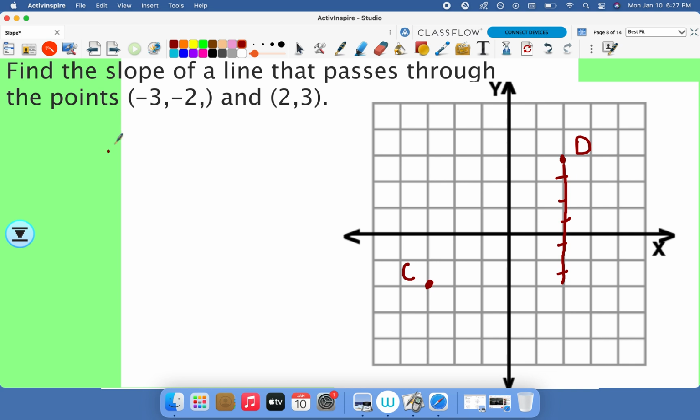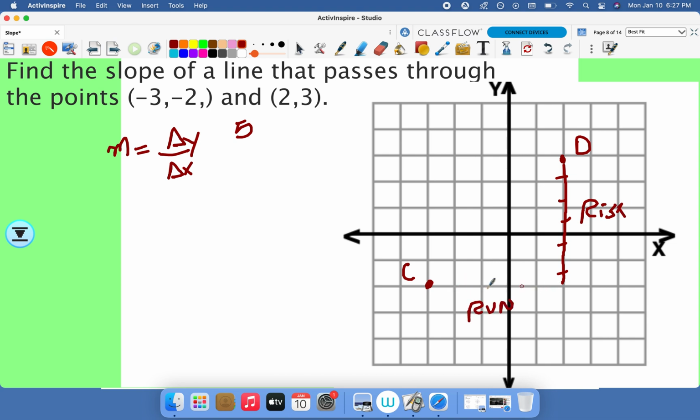So again, let me write this. The slope is the change in y, the difference between the y values, over the change in x. The change in y, we got 1, 2, 3, 4, 5. What's the change in x value? The change in x value is the run here. They call this the rise, and they call this the run.